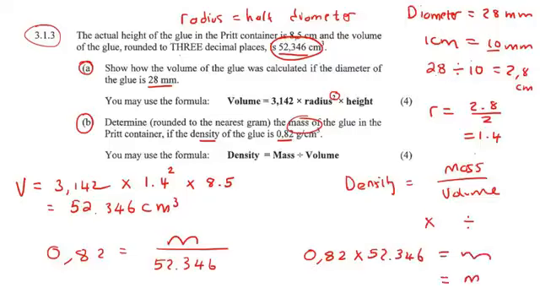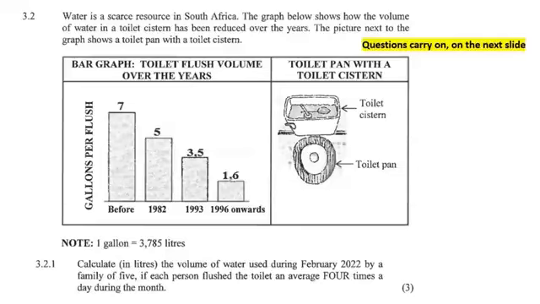If you then work out m, which is the mass, you end up with 42.92 grams. But they did say round it to the nearest gram. So that would round up to 43. So the final answer would be 43 grams.